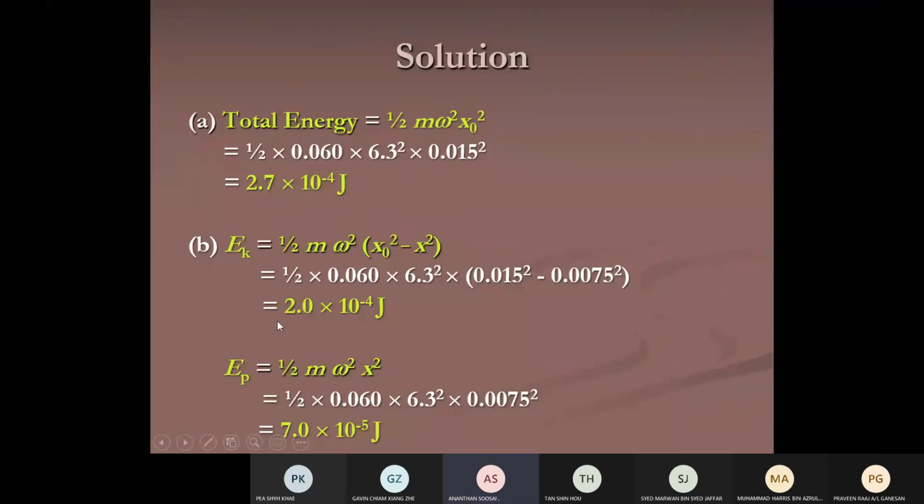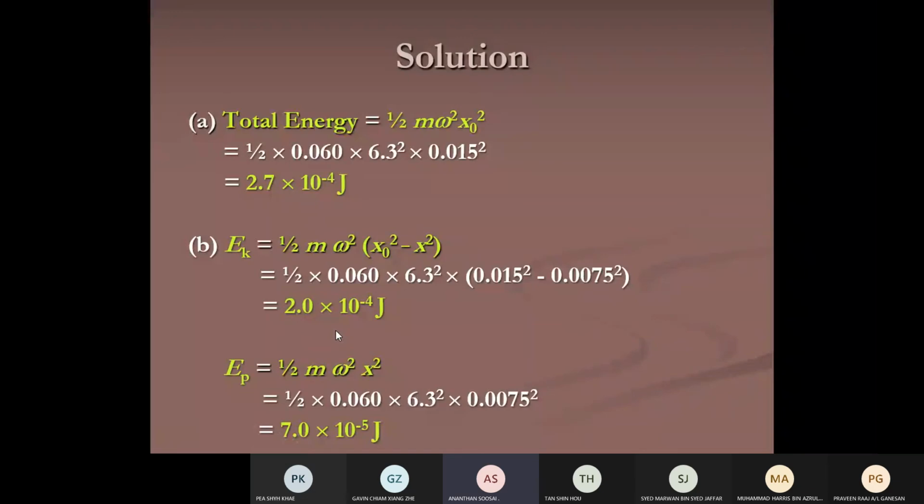So remember, at half displacement, half of the amplitude, the energies are not equal. At half amplitude, the potential energy is greater than the kinetic.